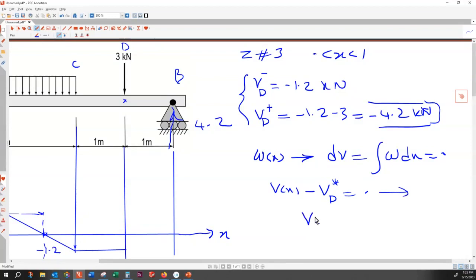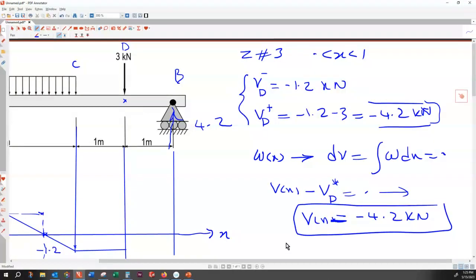So therefore, my expression for V of x is minus minus plus, bring that to the right hand side, that becomes minus 4.2 kilonewton. That is my expression, constant.